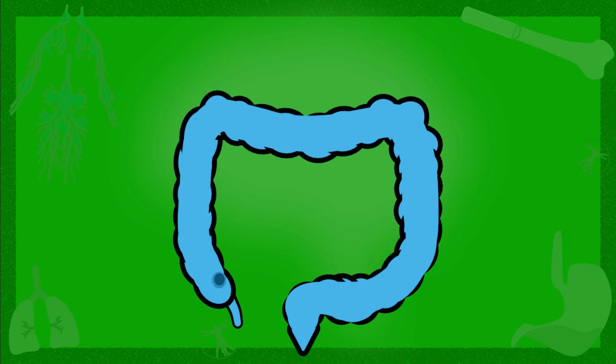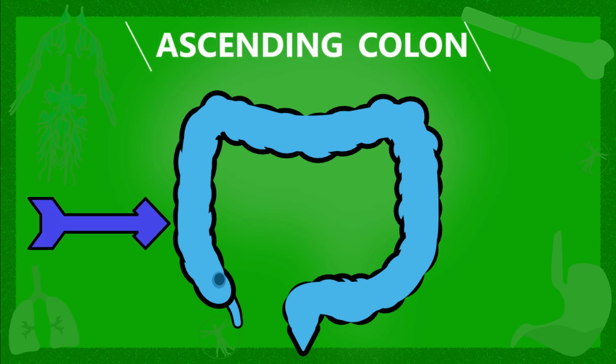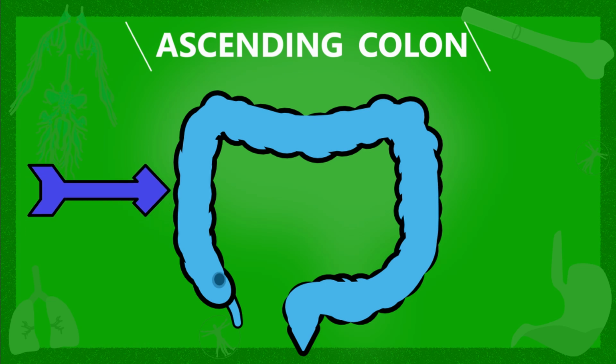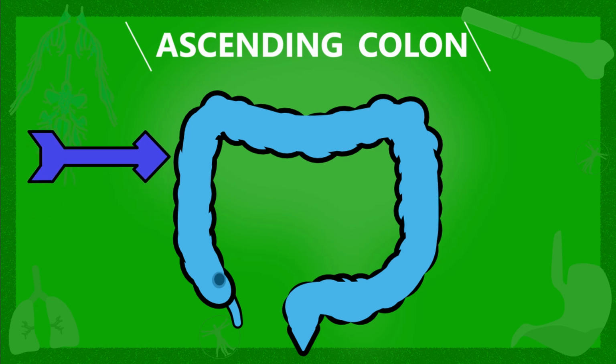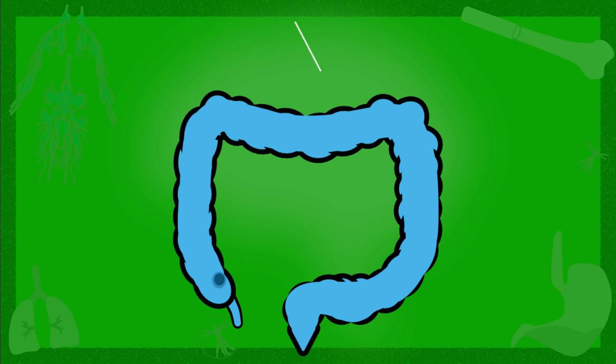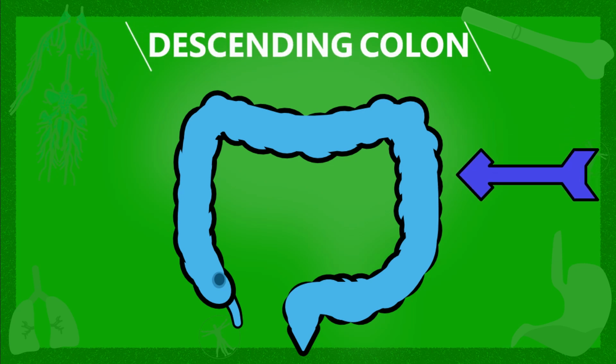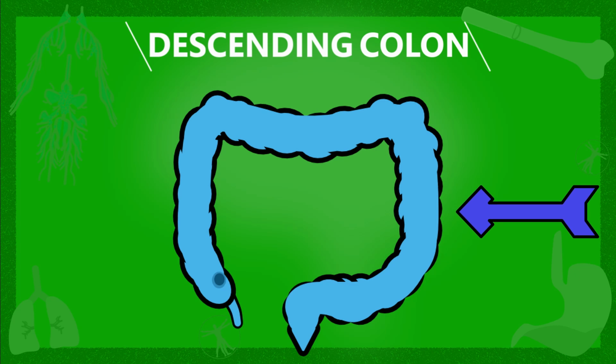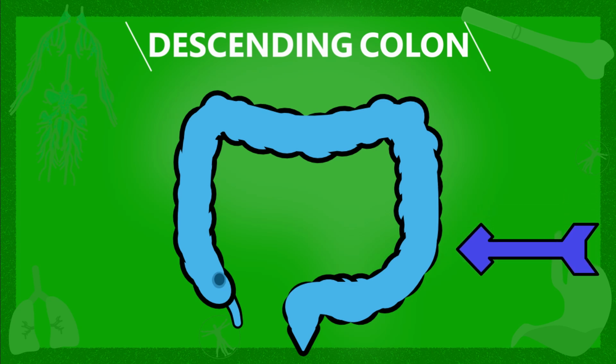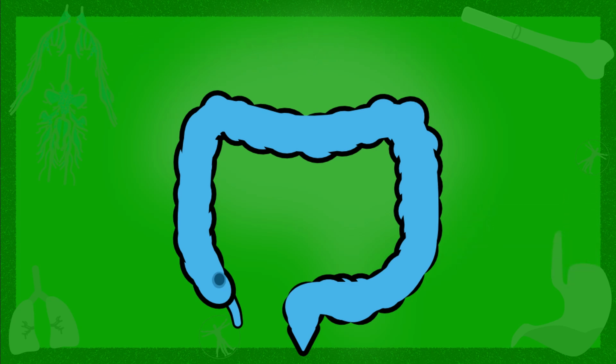The rest of the large intestine is broken down into segments. So this vertical section of the large intestine on the right side of the body is the ascending colon. Ascending because fecal matter must move upwards to progress. The vertical section on the left side of the body is the descending colon because fecal matter progresses downwards here.